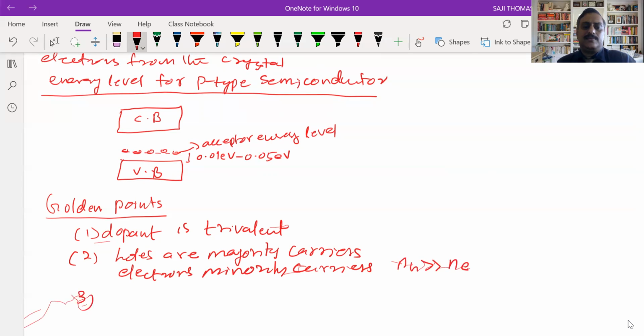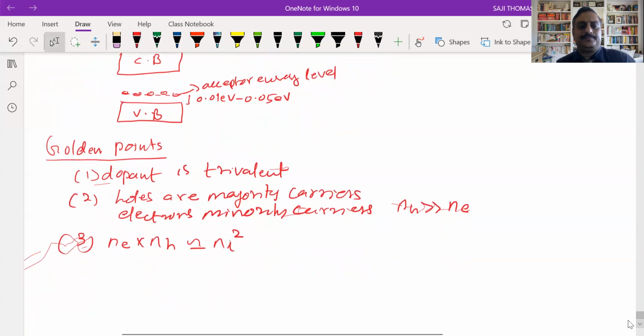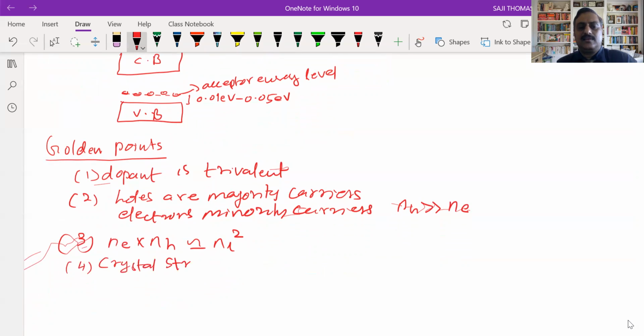Third point, Ne into NH nearly equal to Ni square. Fourth point, the crystal structure maintains charge neutrality.